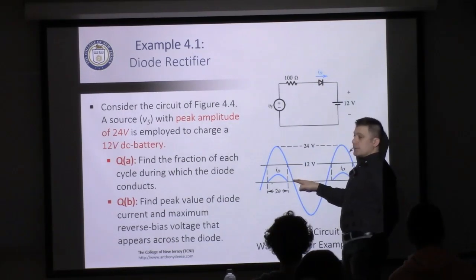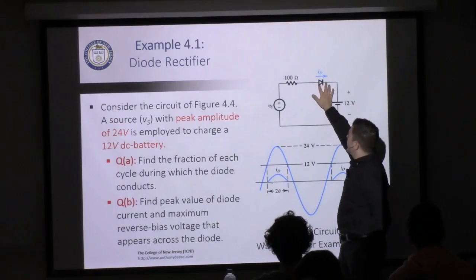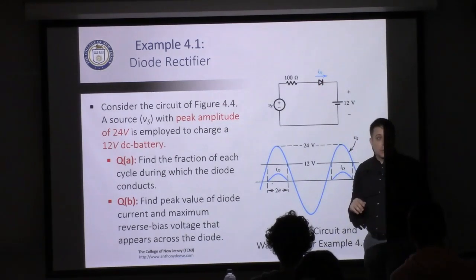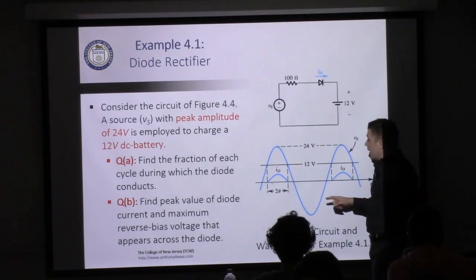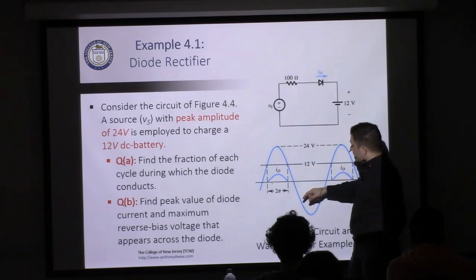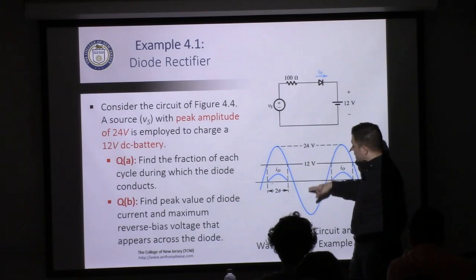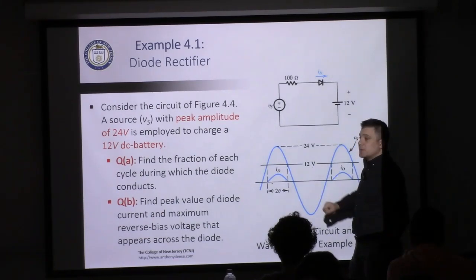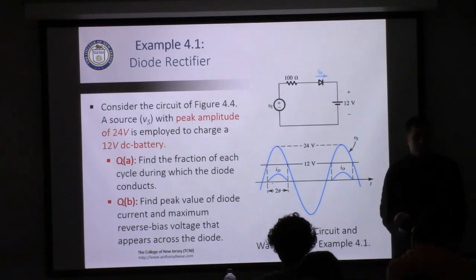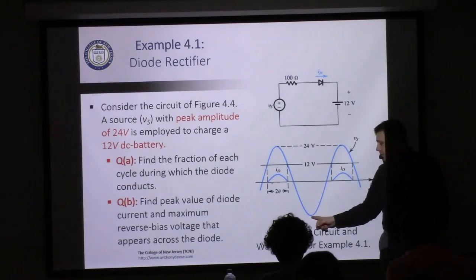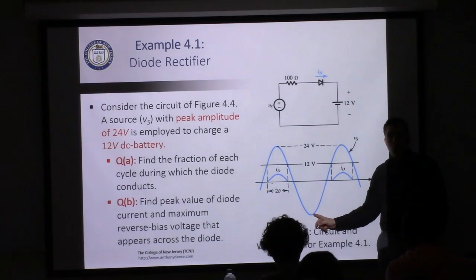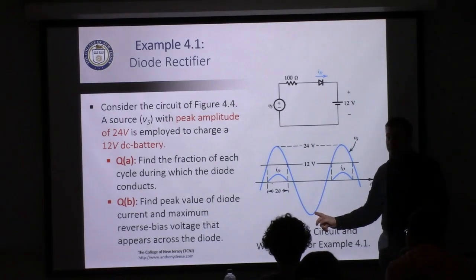As Vs becomes more negative, there will be a reverse bias voltage that appears across the diode, and that'll get bigger and bigger until it reaches its peak. The magnitude of the reverse bias voltage is the difference between the black and the blue. You can see that the maximum will be down here when Vs peaks as a negative.